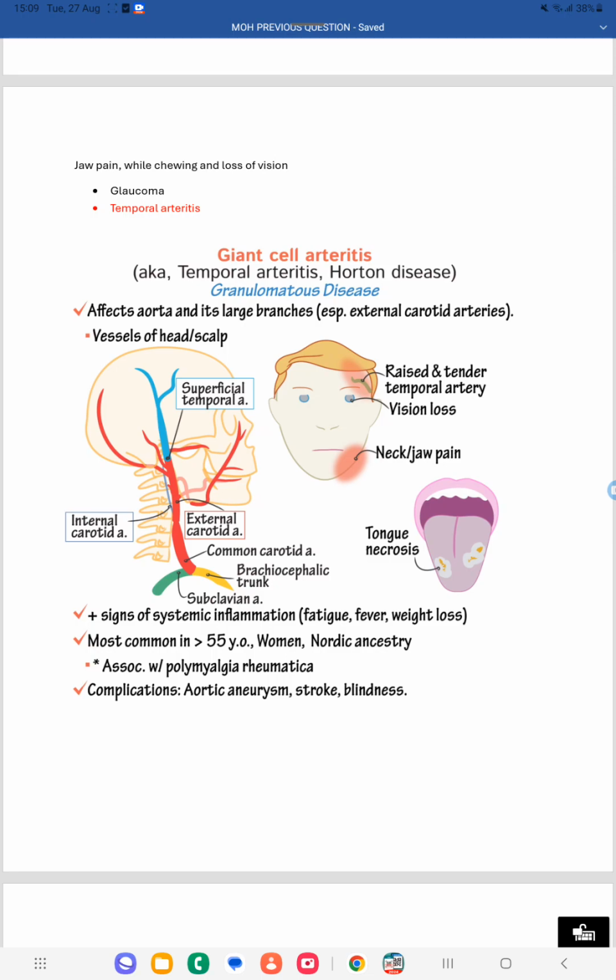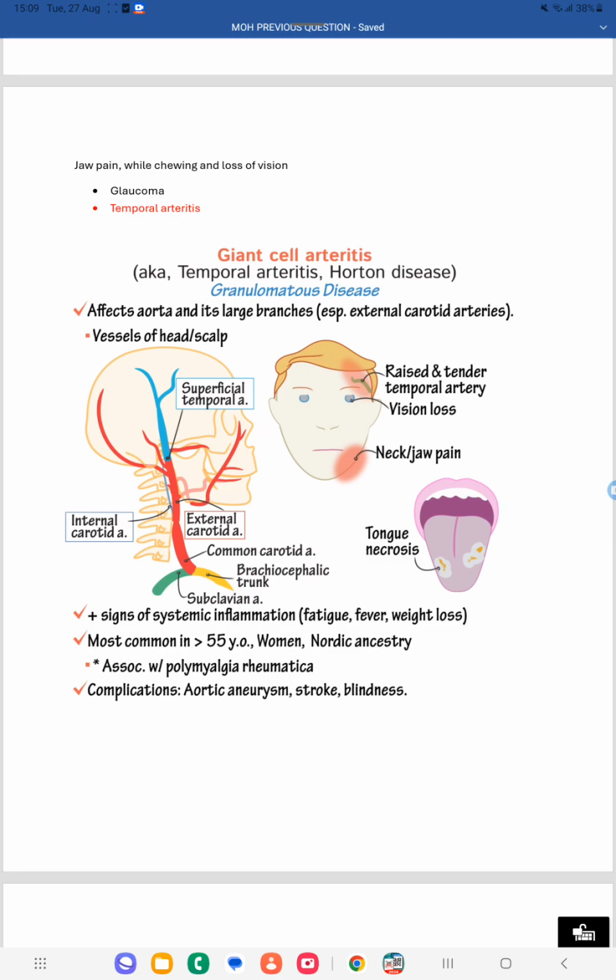In the eye region, the optic nerve. In the eye they supply the blood vessel to the optic nerve, through which nutrition is given to the optic nerve.